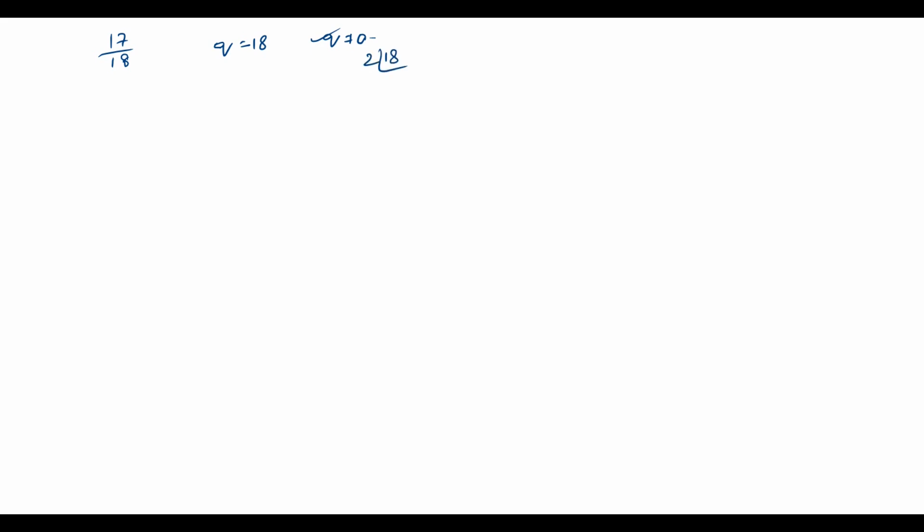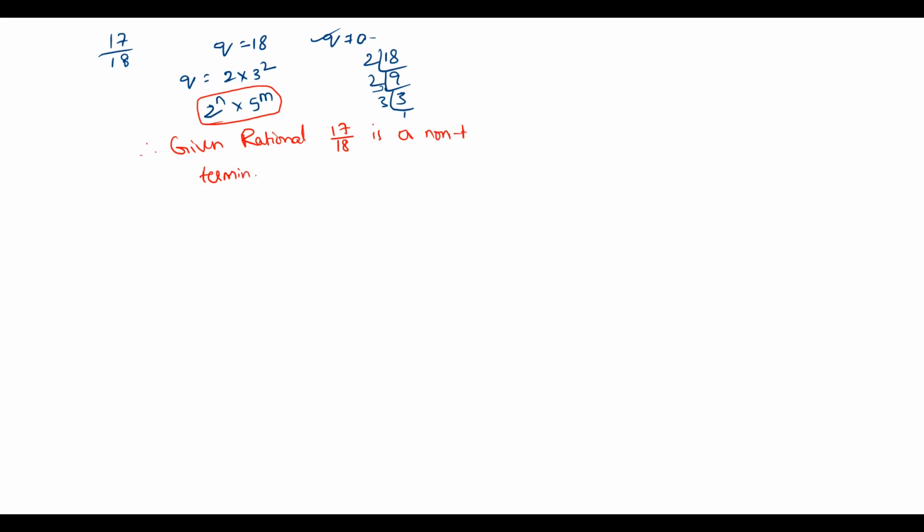Factors of 18 is 2 into 3 square, which is not in the form of 2 power n into 5 power m. So the given rational number 17 by 18 is a non-terminating repeating decimal number.